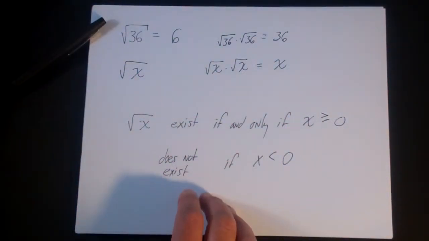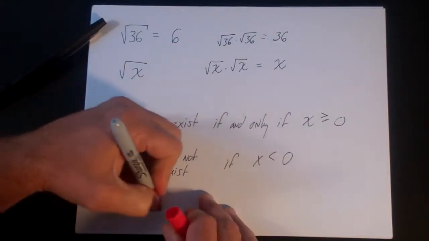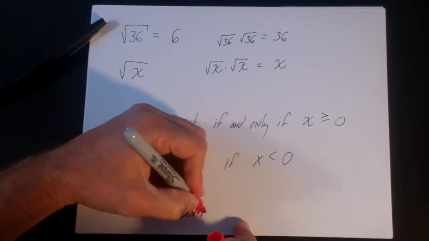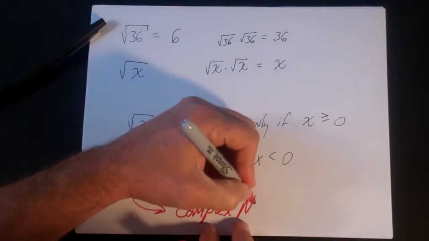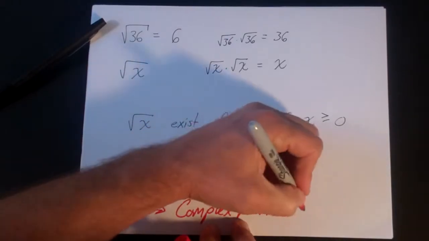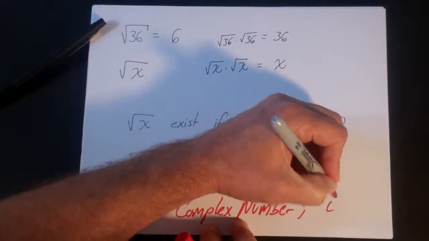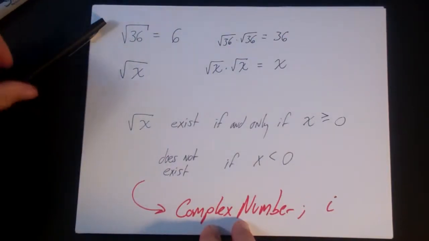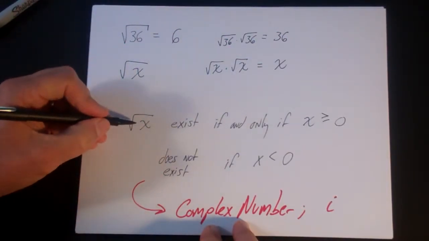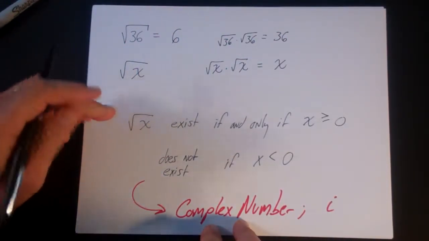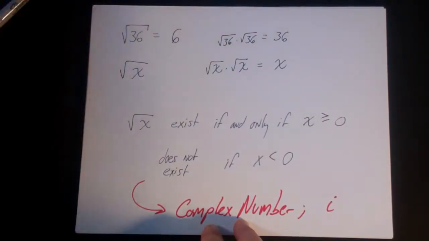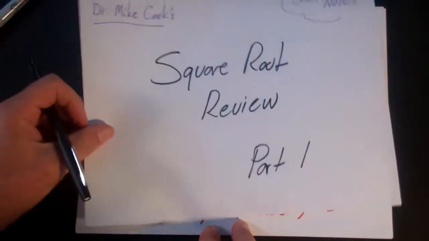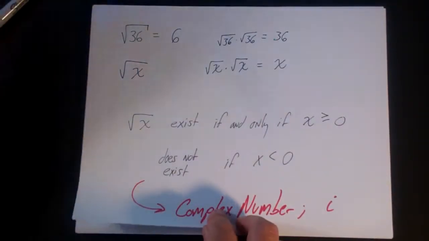Now, there is a whole field of complex numbers, or you may have studied them as imaginary numbers, which allow for the square root of a negative number, but that is not what we're doing here. When we talk about square root review, we're really talking about the square roots of real numbers.